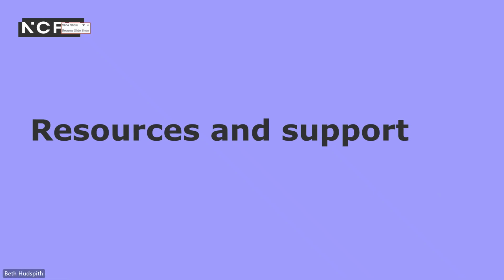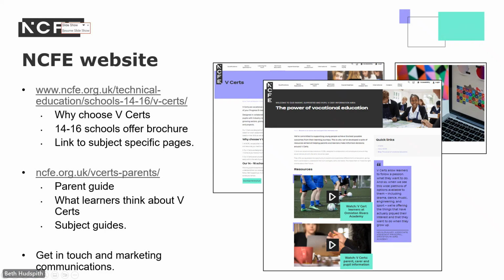So in the last section of this session, we're going to go through resources and support. We have our NCFE website, and within the VCERT page, this is where you'll find information about why to choose VCERTs, the 14 to 16 schools brochure, which contains information about Key Stage 4 vocational education and how to learn more about the VCERT qualifications.